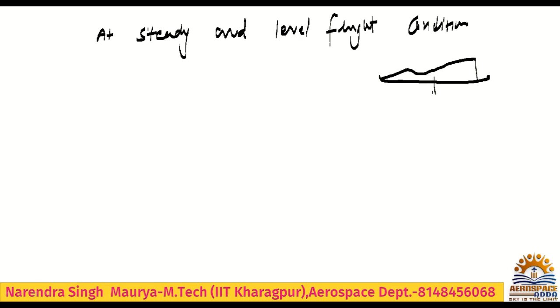Suppose this is the aircraft, and obviously this is steady and level flight. This will be thrust, and drag will be opposite to this. So at steady and level flight condition, thrust is equal to drag and lift is equal to weight. This is the very well known condition.